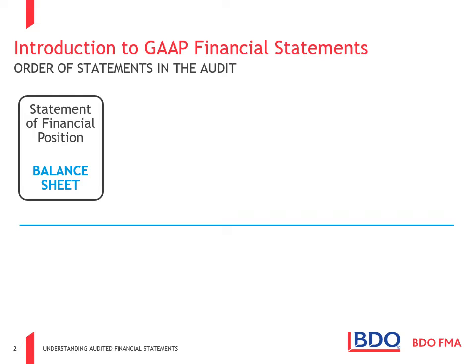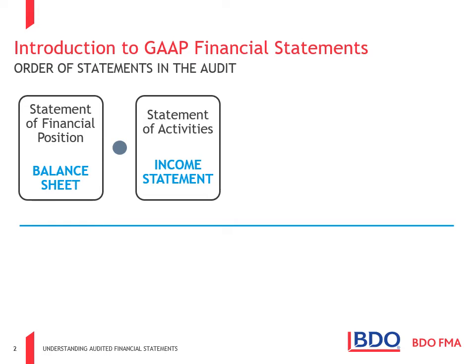First, we have the Statement of Financial Position. This is also known in the for-profit or corporate sector as the balance sheet, and we typically refer to it even in the nonprofit sector as the balance sheet. Next, we have the Statement of Activities, which is known in the corporate sector as the income statement or the profit and loss, the P&L.